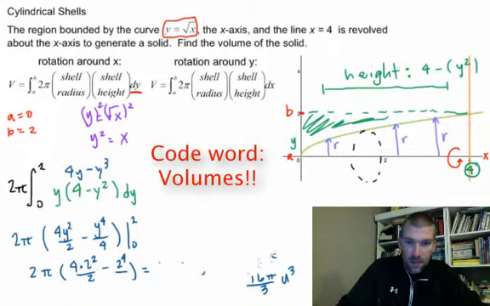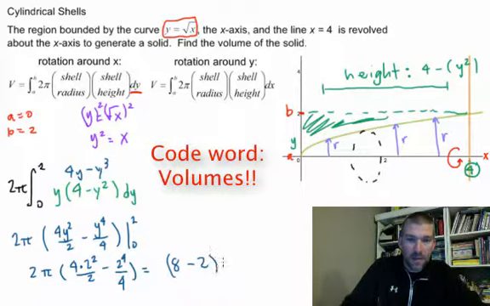So let's fix that just real quick. This is going to be over 4. There we go. All right. So this is going to be 8 minus 2 times, let's see, 16 divided by 4, 8 minus 4, gee whiz. 8 minus 4 times 2 pi, that's going to be 4 times 2 pi, which is 8 pi units cubed.